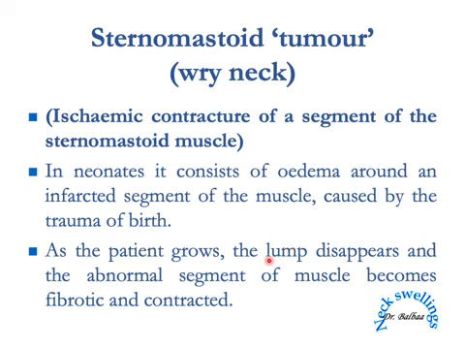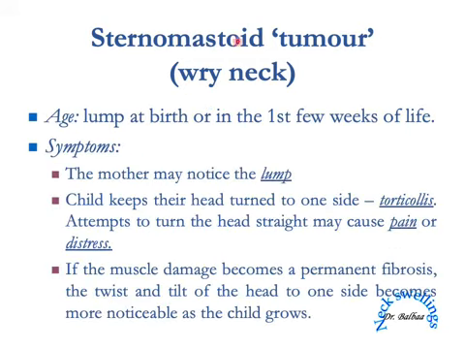Later on, the lump will disappear, and the part of the muscle that has been infarcted will become an abnormal segment within the muscle with fibrosis. The main complaint will be from the mothers, who will notice in the first few weeks of life a lump or a swelling in the lower part of the neck.